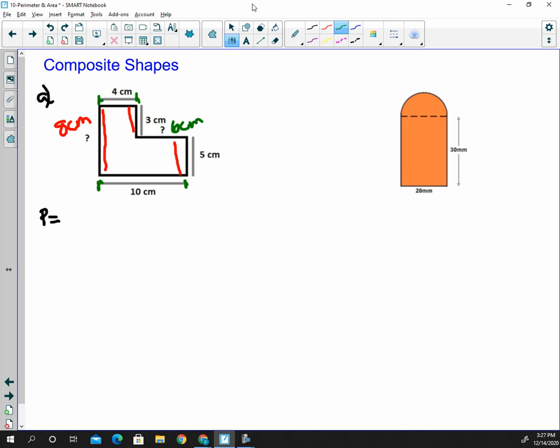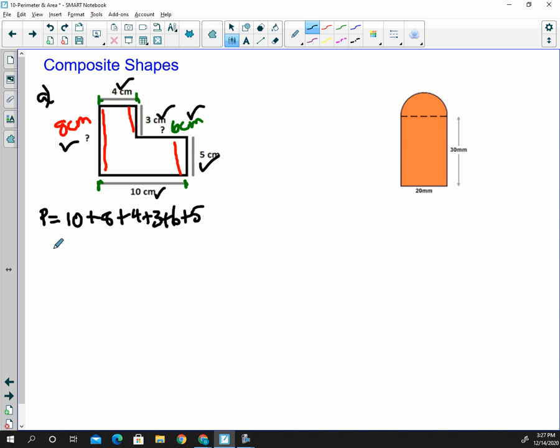So the perimeter is just the sum all the way around. I'm going to start with that 10 centimeters. It doesn't matter where you start. I like to put a little check mark there so I know I've included it. We'll do the 8 centimeters, 4, and then the 3, plus the 6, and then plus the last measurement, that 5.